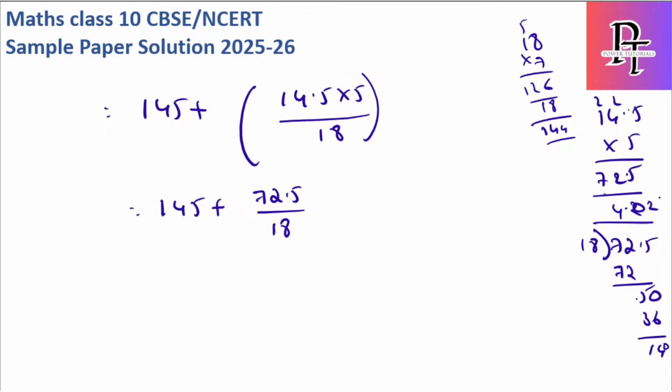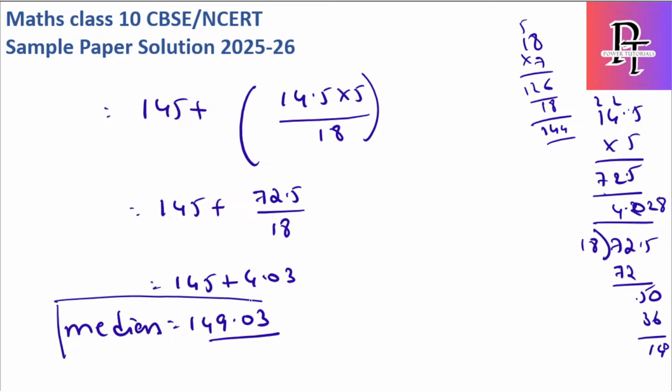Somewhat nearer, I can say it is closer to 4.03. So it is 145 plus 4.03, which is 149.03, the value of the median.